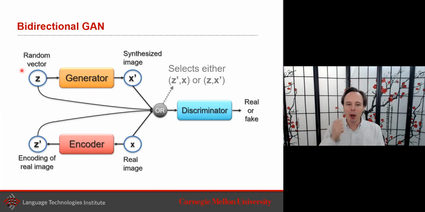So it has those double tasks at the same time. And when you do this, that allows you to train not just a generator, but also the encoder at the same time.